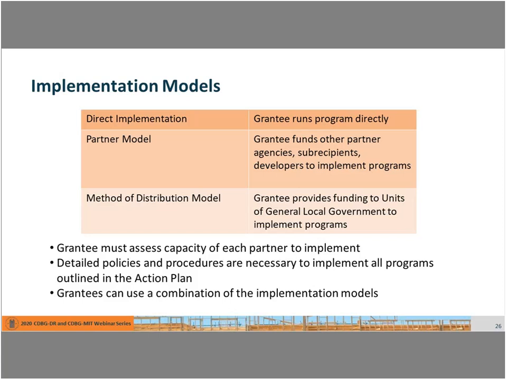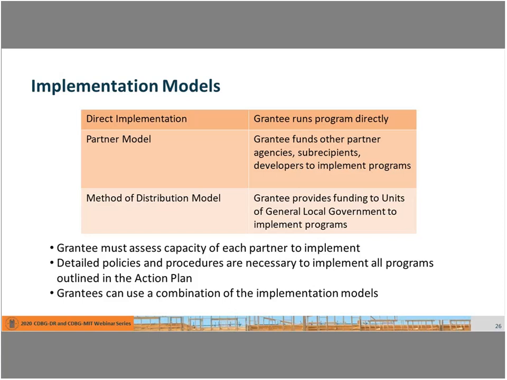Now, there are 3 ways that grantees can choose to implement their programs. These are listed on this slide. While entitlement communities are used to running programs directly or working with subrecipients, state grantees have historically distributed their funding to local units of government. With CDBG-DR, HUD has given the state grantees the opportunity to directly run programs should they choose to do so.